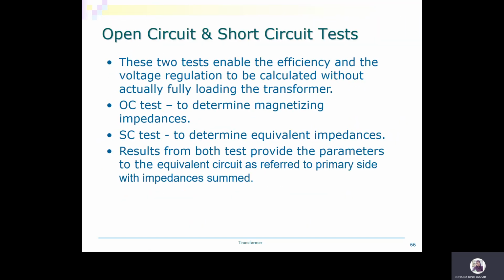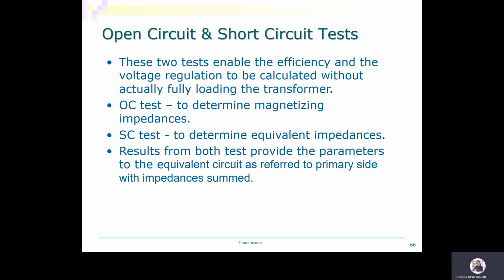Okay, and then the open circuit and short circuit test is actually the subtopic for lab 5. So what is the open circuit and short circuit test? These two tests enable the efficiency and the voltage regulation to be calculated without actually fully loading the transformer.